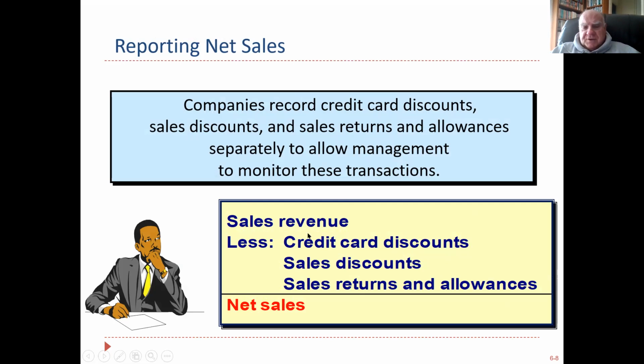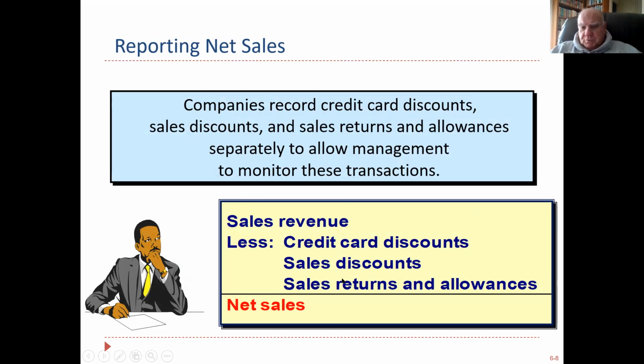So think of the sales revenue at the top. That is gross sales, meaning the total that you actually billed out to the world. But at the end of the month, you had to pay these credit card discounts. People deducted money from their payment by paying within 10 days.